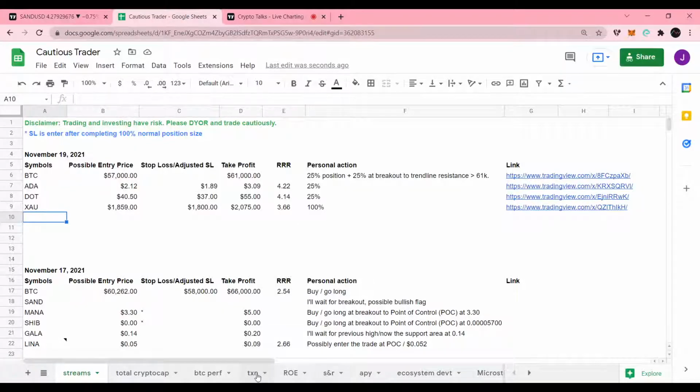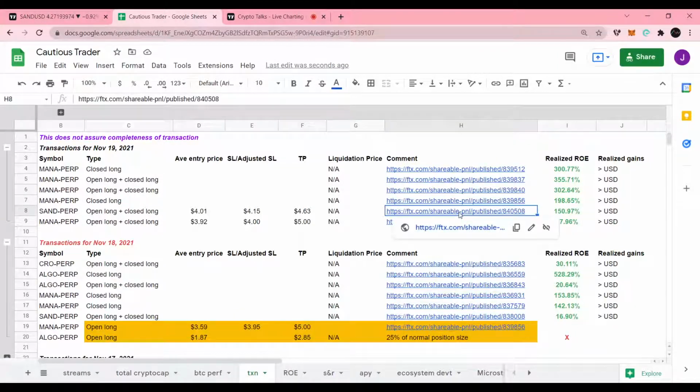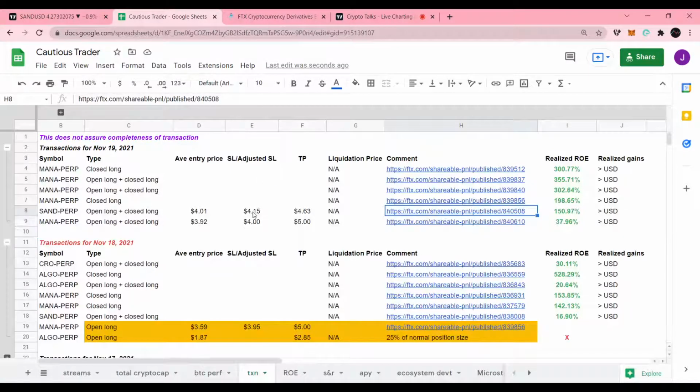I think the last transaction that I have here is I got stopped out at 4.32. Yeah, because I changed this one to market trailing stop.